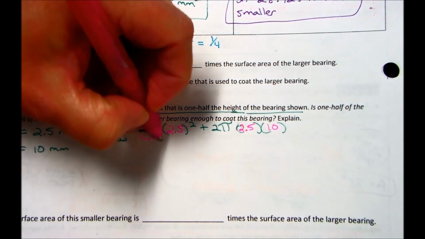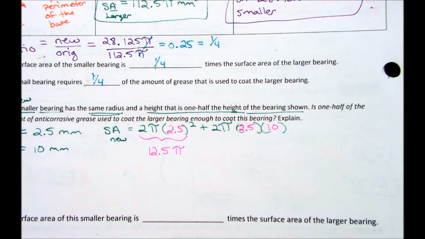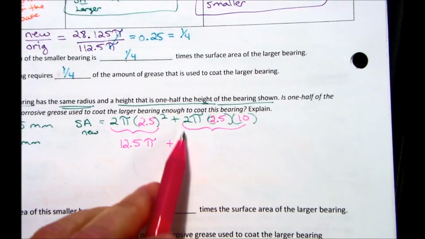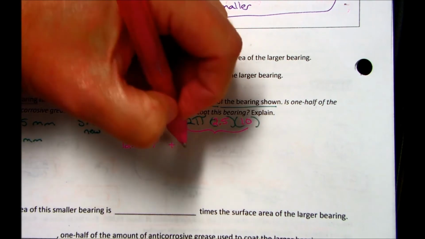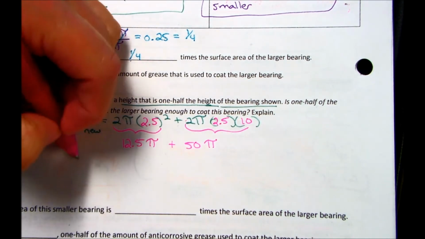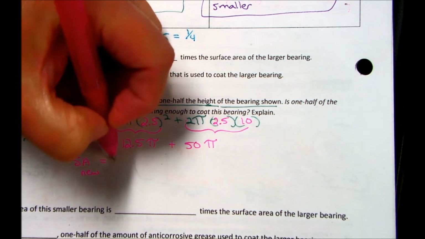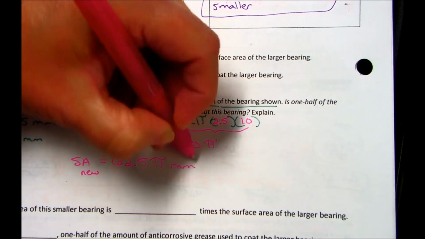So we can just carry that down instead of calculating it all over again. And then for this part, 2 times 2.5 gives me 5, times 10 would be 50 pi. So when I add that together, the surface area of this new smaller bearing is going to be 62.5 pi millimeters squared.